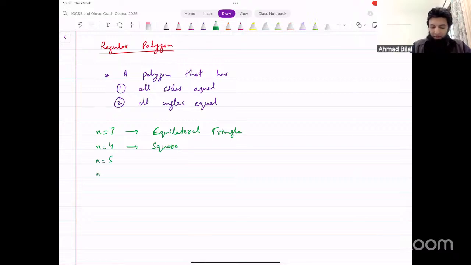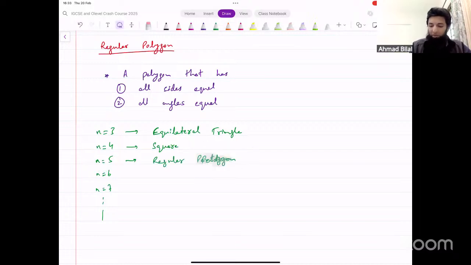For all the rest of them, n is equal to 5, n equals 6, n equals 7, we don't have any specific names for them like we do for a triangle and square. Whatever is the name of that polygon, for example, in case of a pentagon, we just add regular with that.